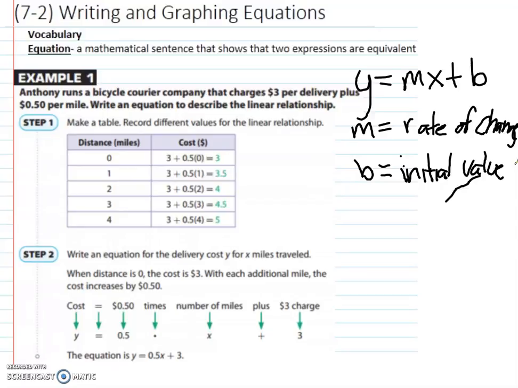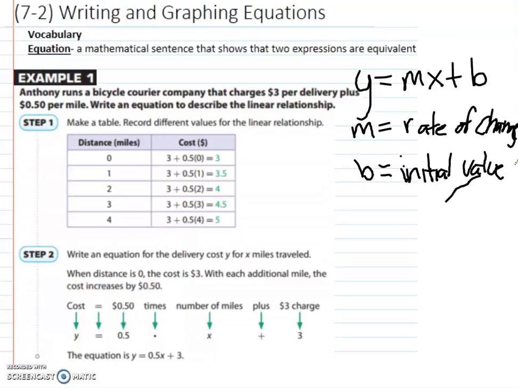All right, so if we take a look at this example, it says Anthony runs a bicycle courier company that charges $3 per delivery plus 50 cents per mile. Write an equation that describes the linear relationship. Well, no matter what, we know that we are charging a $3 fee.